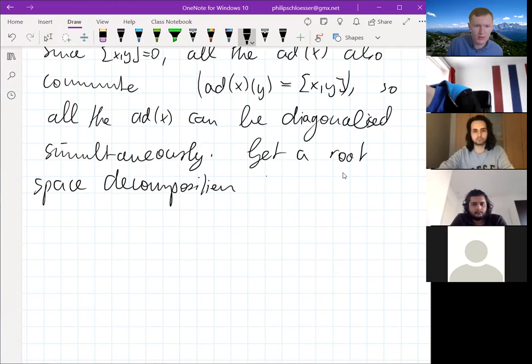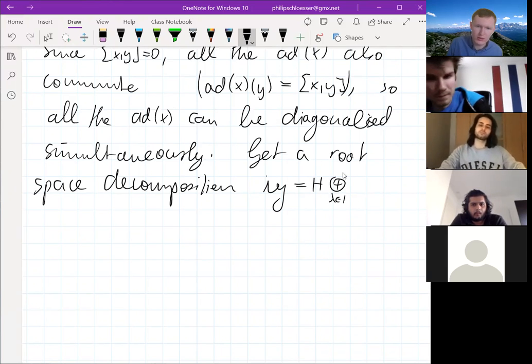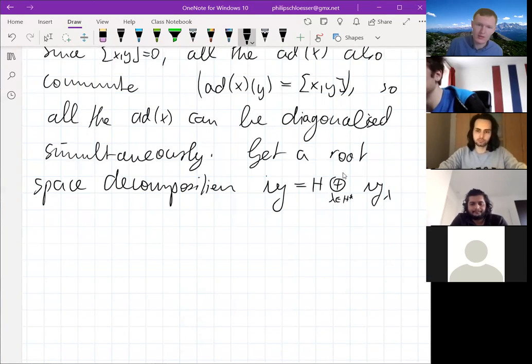Namely, the Lie algebra G decomposes into H plus a direct sum over all roots of G lambda, and I'm going to define what G lambda is.